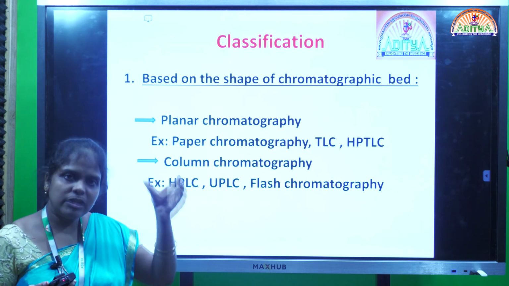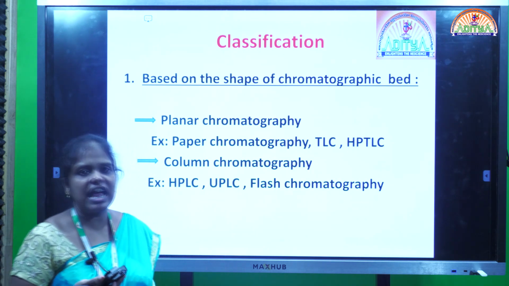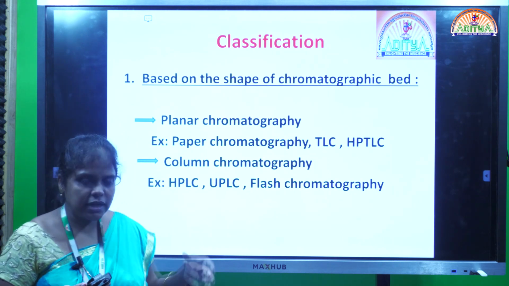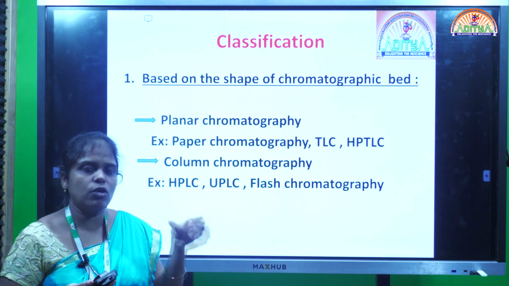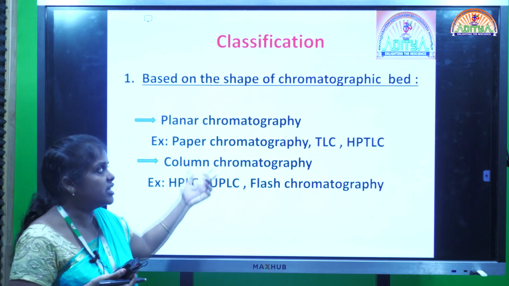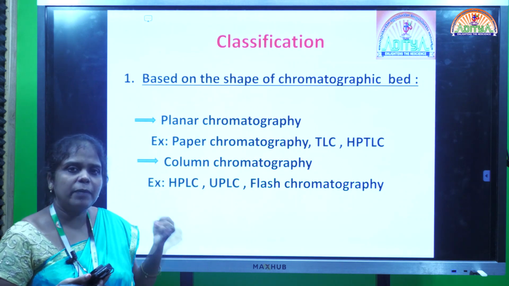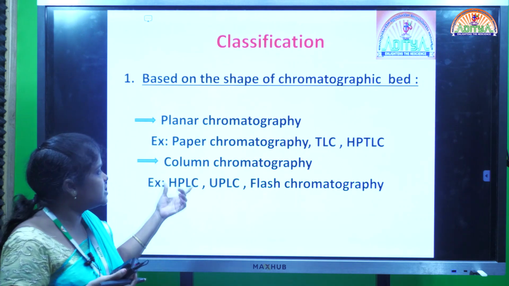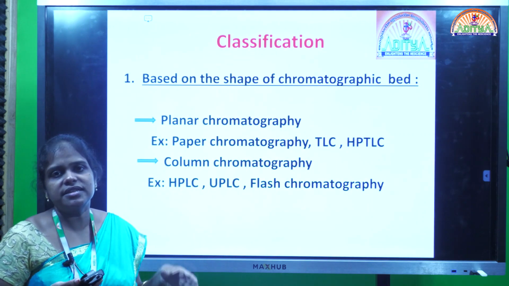That means it will be in cylindrical shape, like burettes. You know in our labs we have burettes which are in cylindrical or column shape. If we are using that type of structured columns, then it is called column chromatography. In the previous one, we use rectangular planar shaped papers or glass plates, whereas in column chromatography, we use cylindrical shaped glass columns.